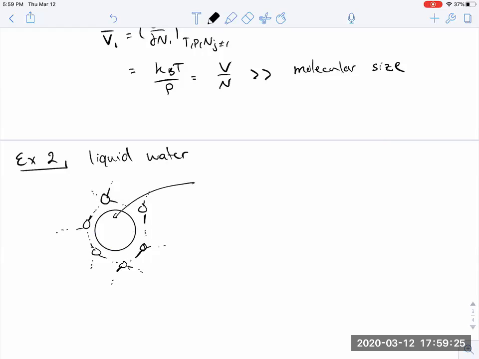So that's a natural cavity, a region where there is no water density, that would spontaneously form.